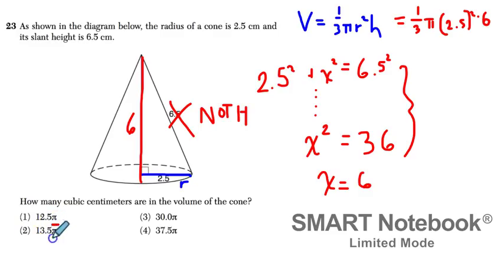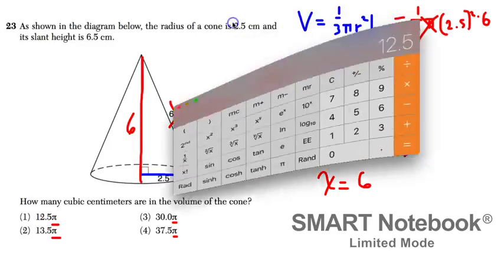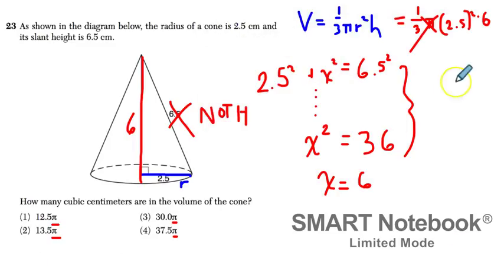I notice pi is in all of my answers, so I'm not going to put pi in my calculator, but I'll put everything else. I get 1/3 times 2.5 squared times 6, which gives me 12.5. So the volume is 12.5 pi. Answer choice 1.